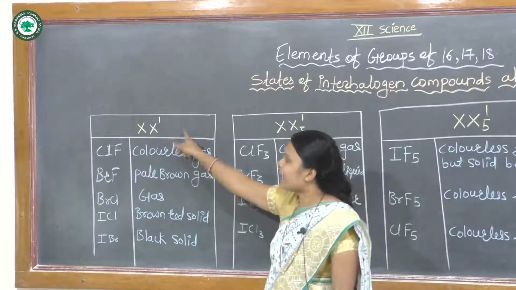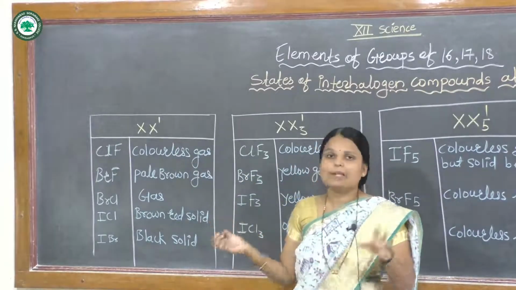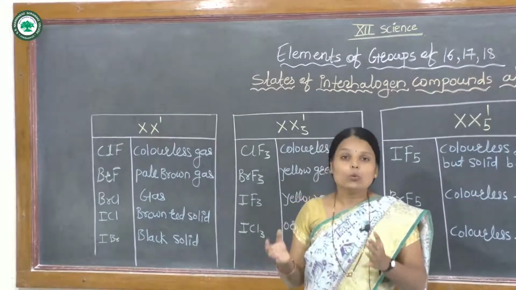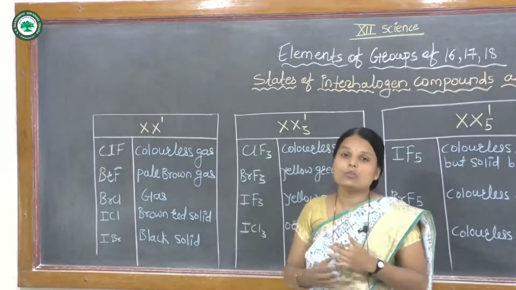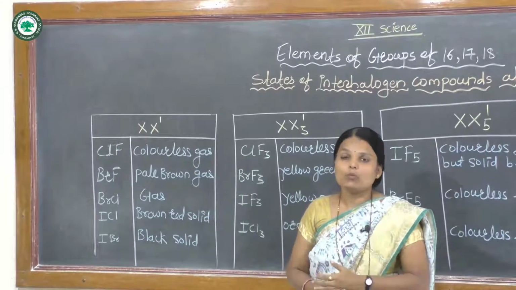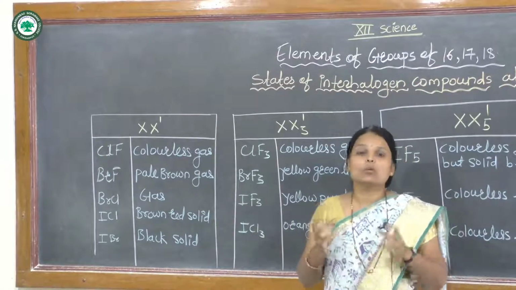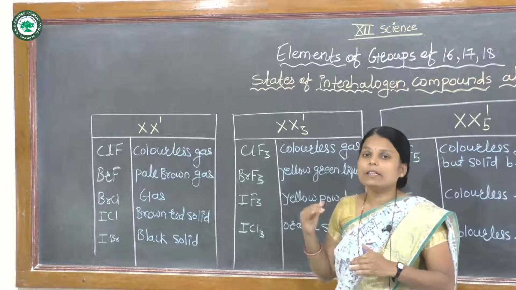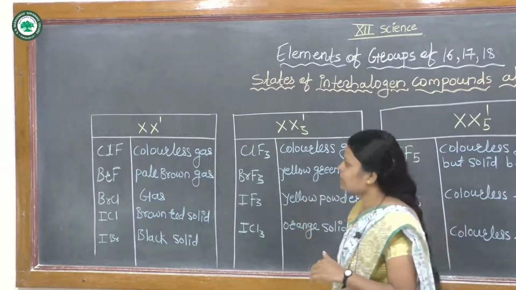X and X' combine with each other; for example, chlorine and fluorine atoms combine and form a new interhalogen compound. This is the example and classification of interhalogen compounds we discussed in the last lecture. In this lecture, we discuss the state of those interhalogen compounds.